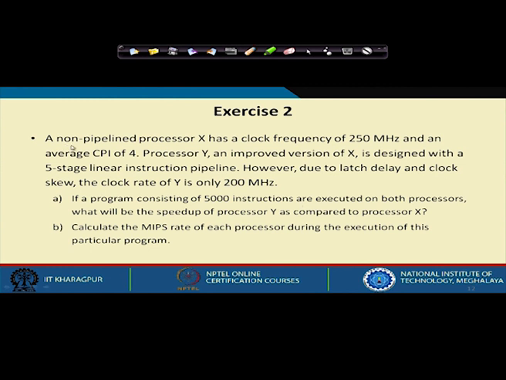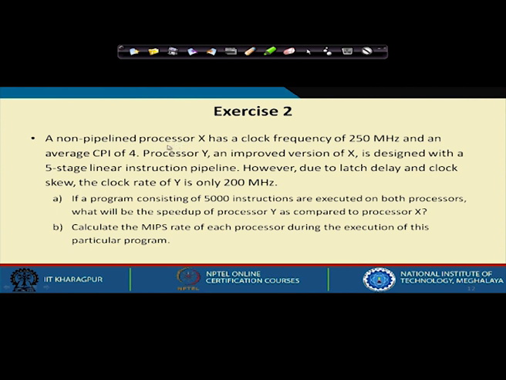Let us say the statement says: a non-pipelined processor X, that is, no pipelining, has a clock frequency of 250 megahertz and a CPI of 4. Because there is no pipelining, it takes 4 clock cycles to execute every instruction.